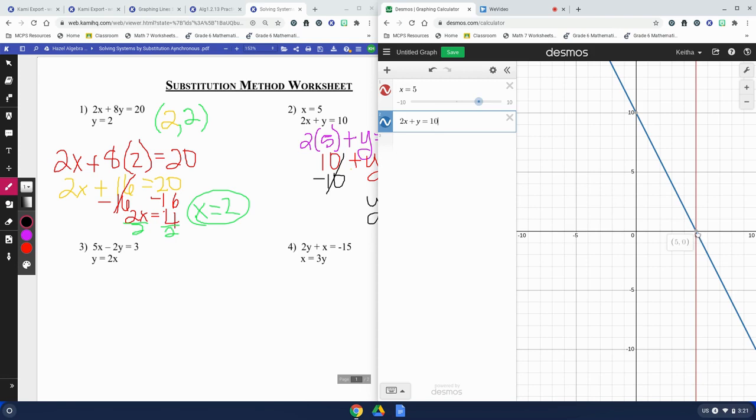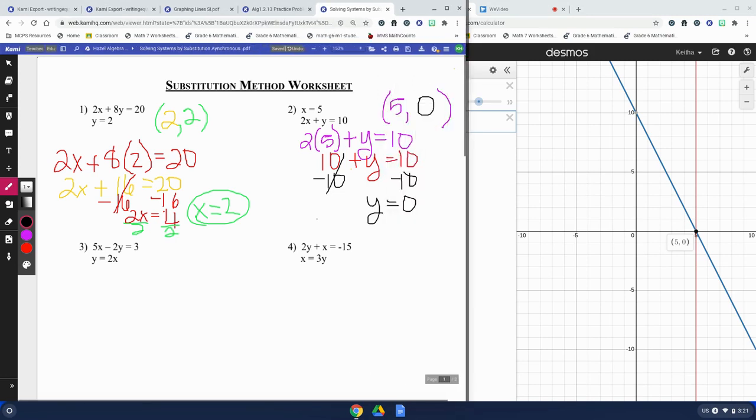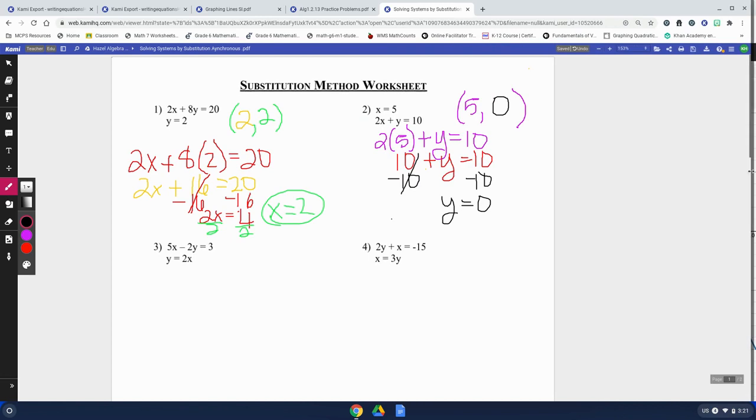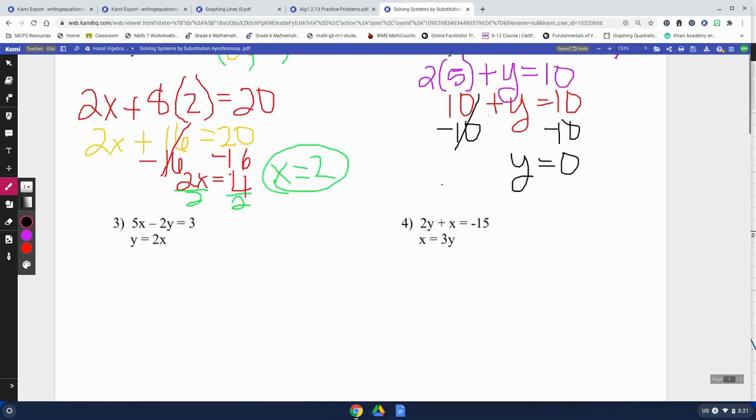Right? So look right here, 5, 0. That is the point at which they meet. All right, so you can use that to keep checking as you go along.